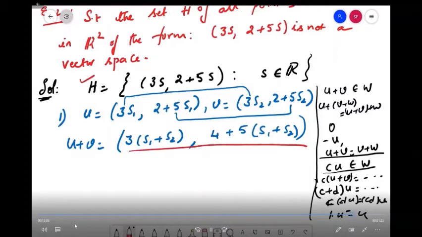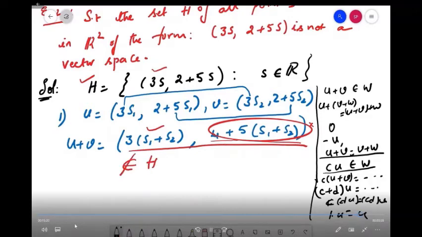What should be the format for any element to be in H? The first coordinate is 3s and the second one should be 2 plus 5 times s. But what did we have? The first one we have 3 into (s1 plus s2), a product of 3. But the second one is 4 plus 5(s1 plus s2), which does not belong to H. Why?